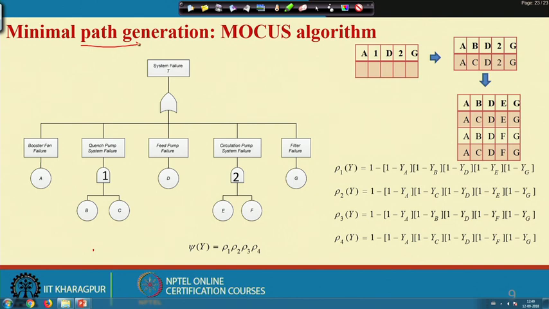So, for calculating the minimal path set, there are again two options.